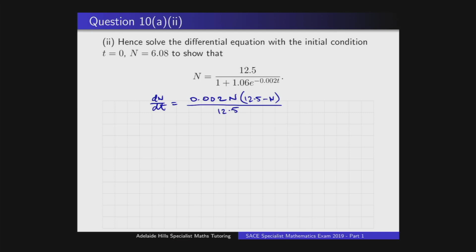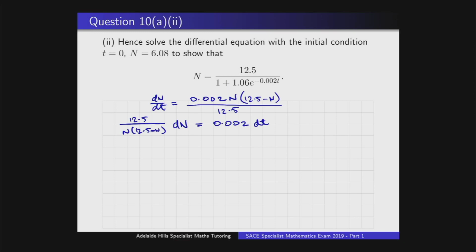So we want the n terms on the left-hand side, and we'll leave the 0.002 on the right-hand side and make that the t side of the equation. So the n side of the equation is going to look like 12.5 over n, 12.5 minus n, so minus there, dn, and that's going to be equal to 0.002 dt.